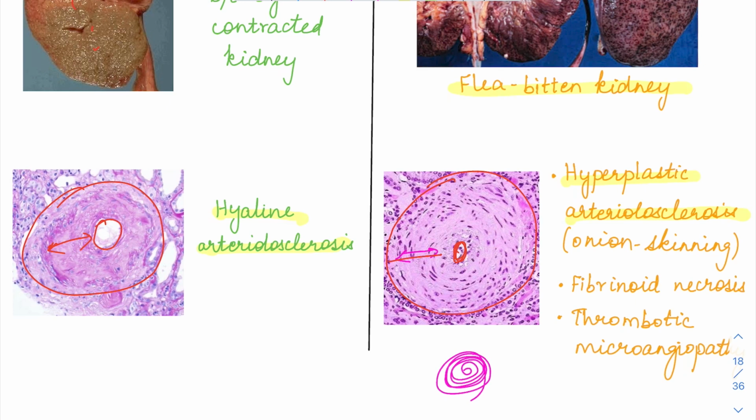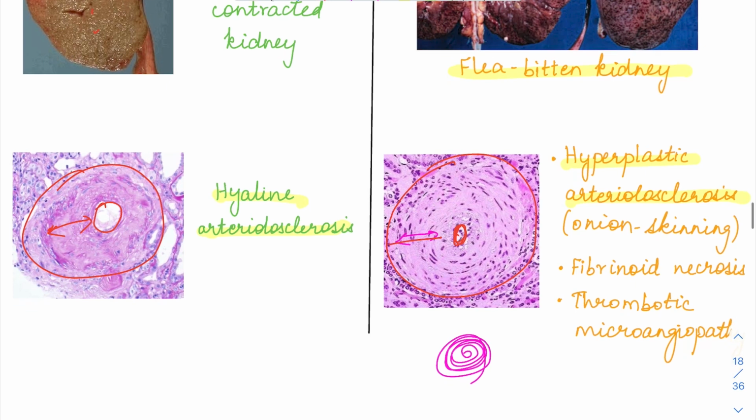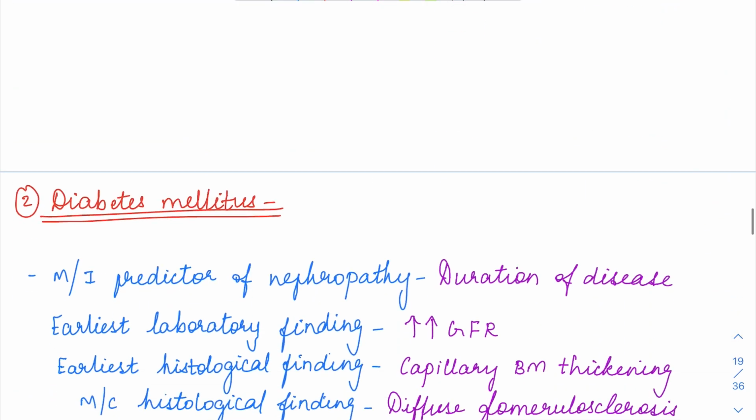All this proliferation of the smooth muscle is going to appear like an onion skin, and there will be associated fibrinoid necrosis and thrombotic microangiopathy. So some kind of fibrinoid necrosis or thrombus formation will be present inside these vessels. All these three features together constitute the classical features we see in a malignant hypertension.